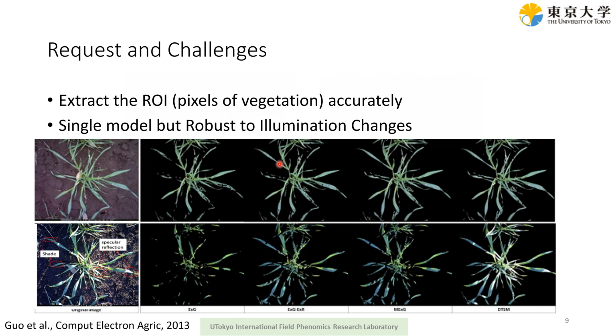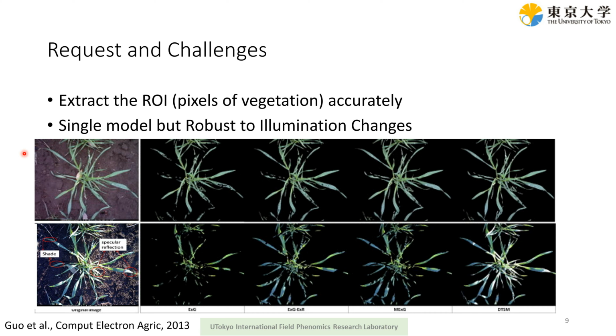So what are the requirements and the challenges for this case study? Actually, it is straightforward. As you can see over here, under changing light conditions, we first want to extract the region of interest, meaning the pixels of the vegetation, accurately. We also don't want to spend a lot of time using different models to suit different cases.